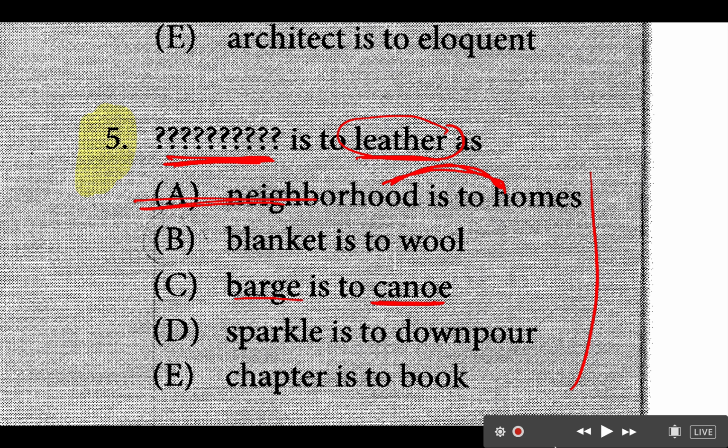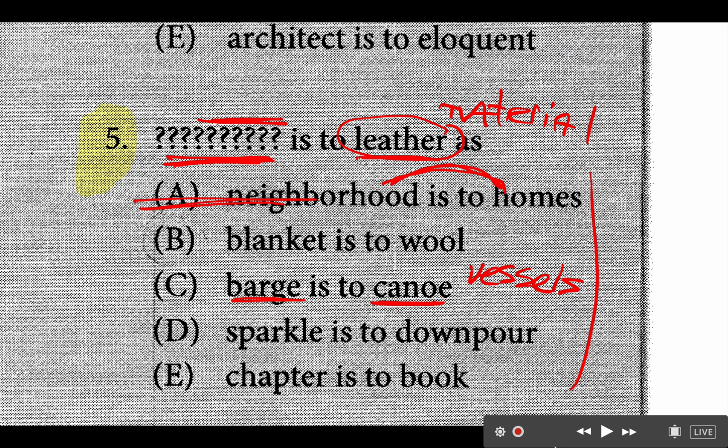Barge and canoe are both examples of a larger category, like a shipping vessel. I suppose you could come up with other kinds of materials, but it doesn't seem very good. Leather is a material, and barge or canoe are basically vessels or objects.